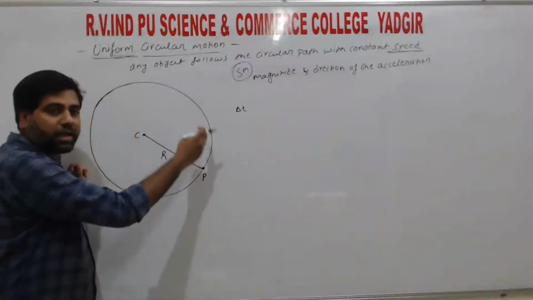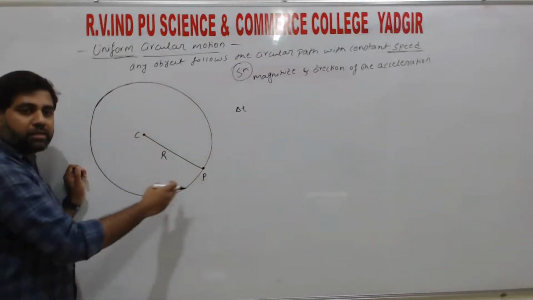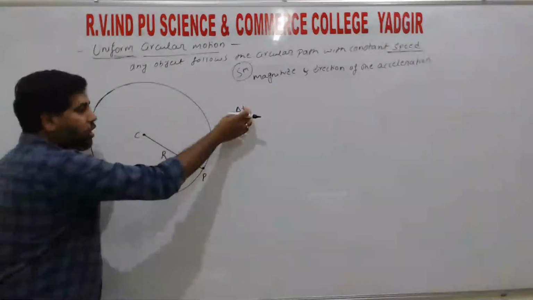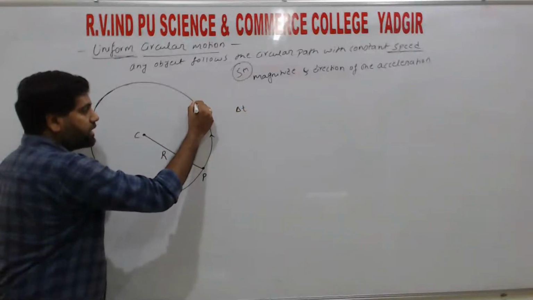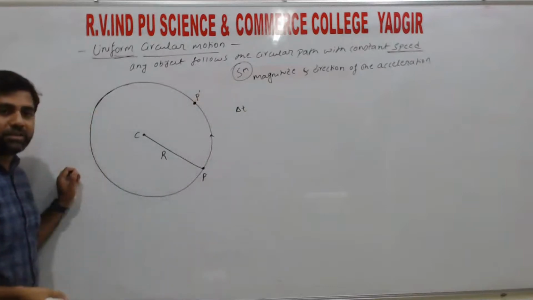In a small time, the object changes its position because it is moving in a circular path. The direction of motion is in this direction. After a certain time, the object is somewhere here; take this point as P dash.